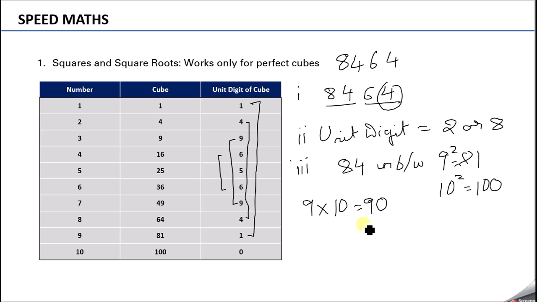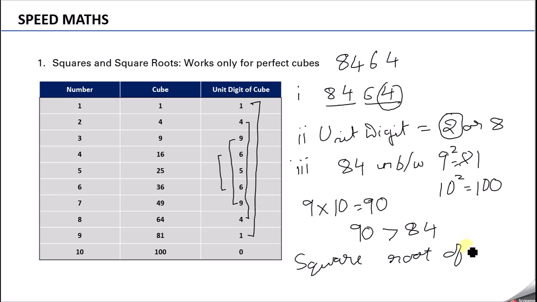Now 90 is greater than 84, which means we will take the unit digit as 2. So the square root of 8464 is 92.